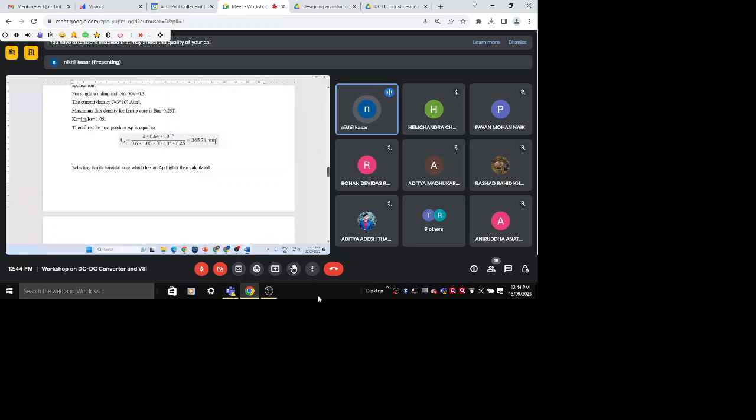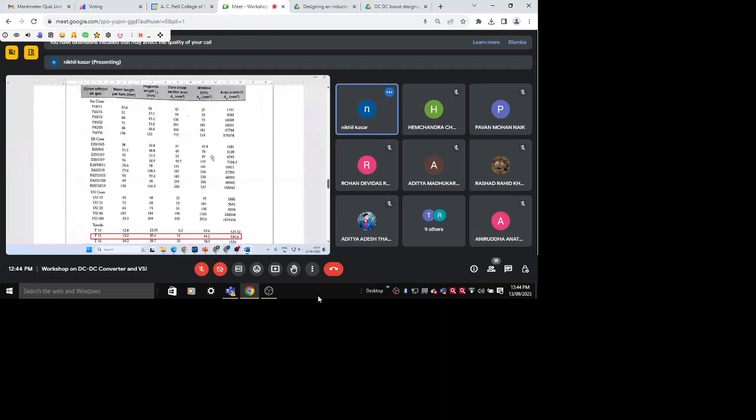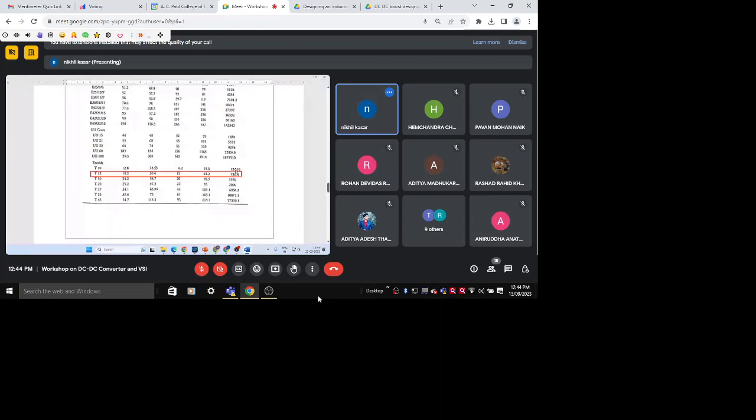First we have calculated the area product, and it is a value which is greater than 365 mm raised to 4.